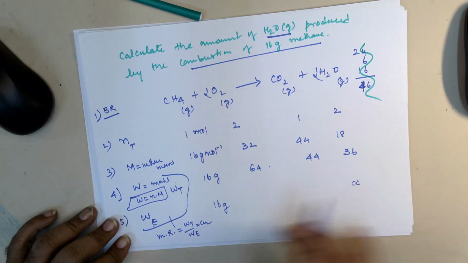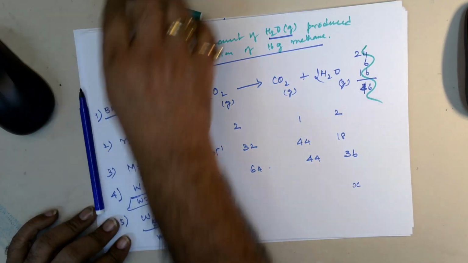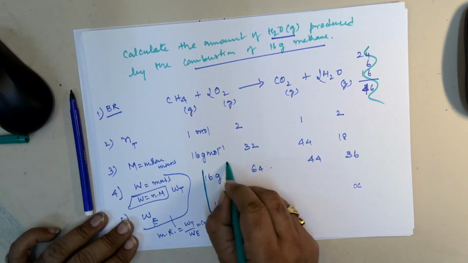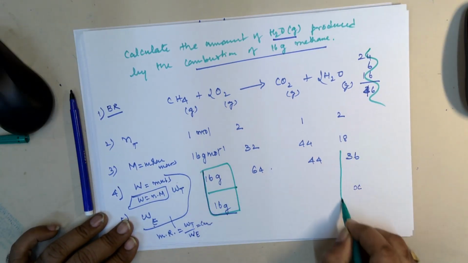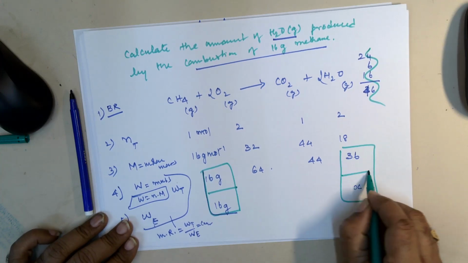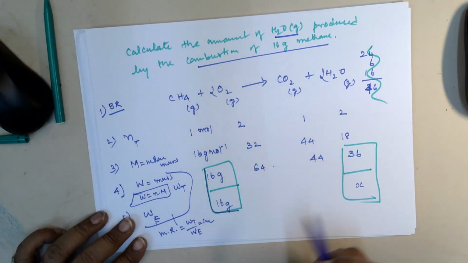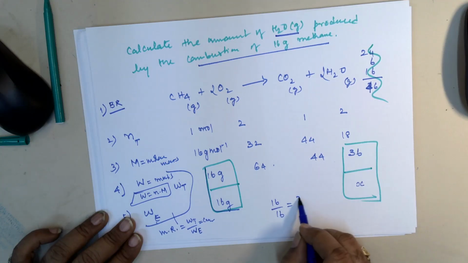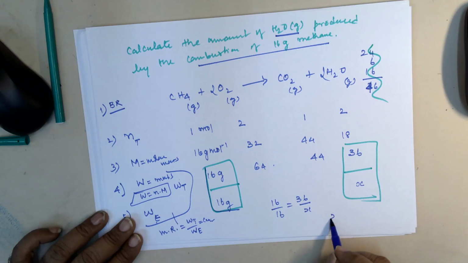So based on this approach, we go, right? So you can take this as the ratio. This is the mass ratio. And again another mass ratio. These two must be equal. Done. So 16 divided by 16 is equal to 36 divided by x. It means x should be 36 gram.